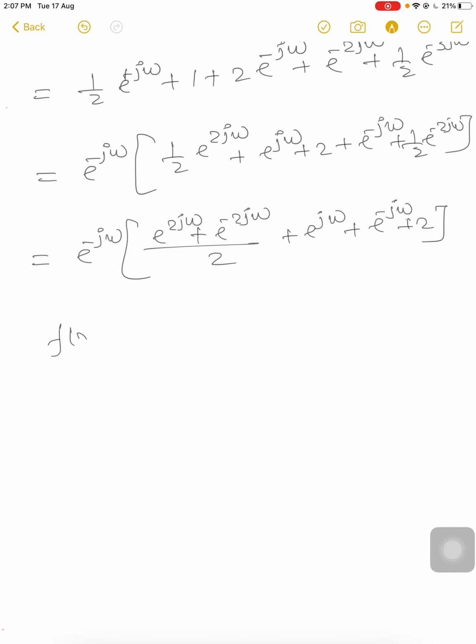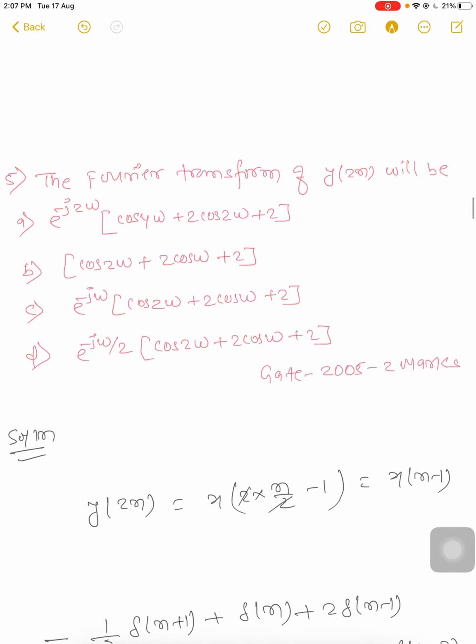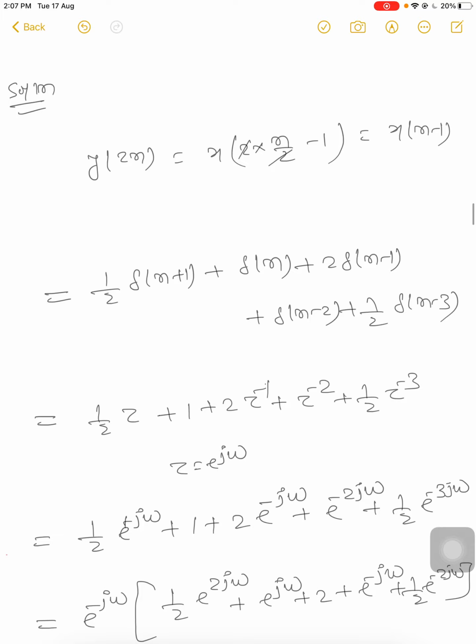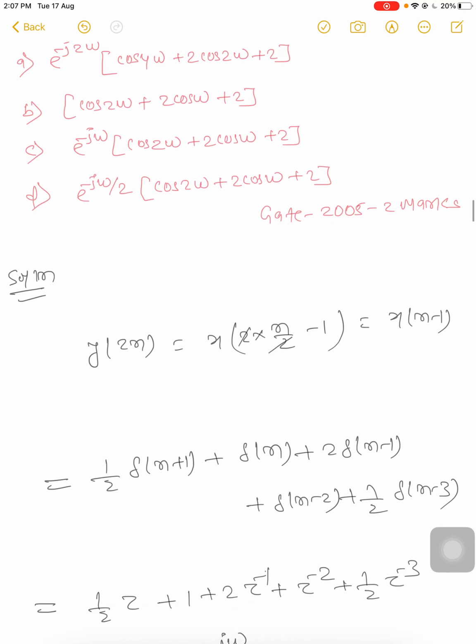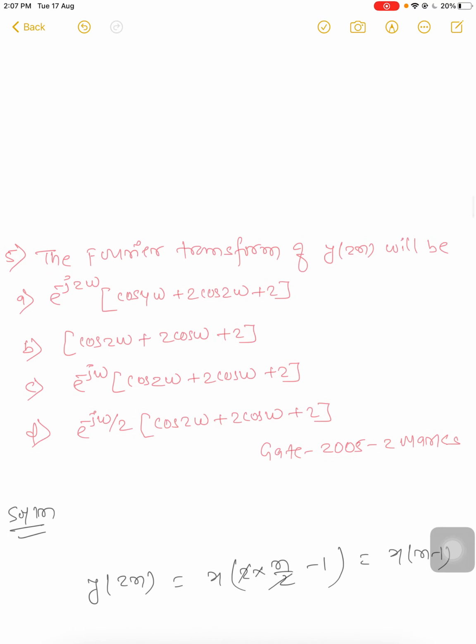After simplification, it will be e to the power minus j omega times cos 2 omega plus 2 cos omega plus 2. So option C will be the right answer.